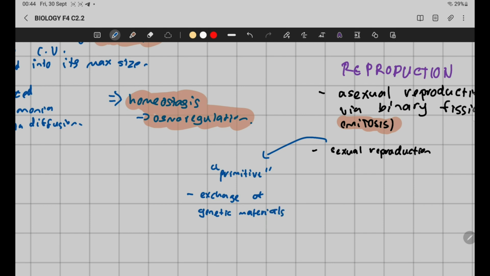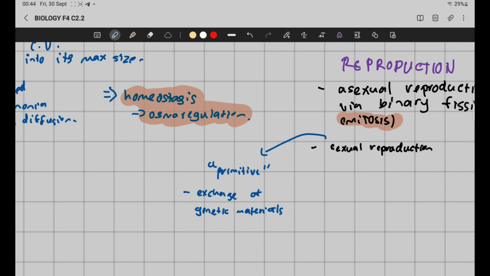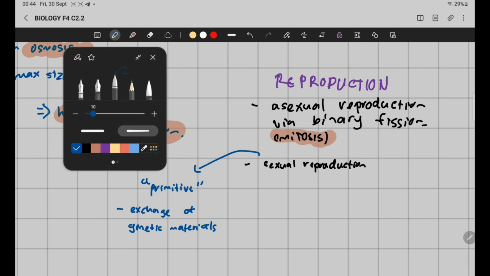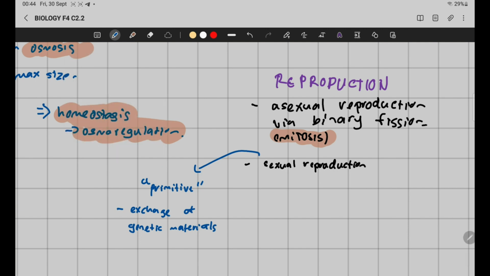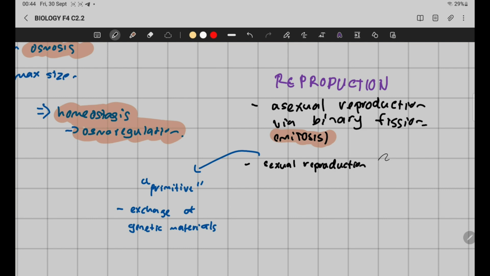It is not like in humans, in which sperm and ovum merge and form this and that. This is just a primitive form of sexual reproduction in which they exchange their genetic materials or DNA, through a process that we call conjugation.